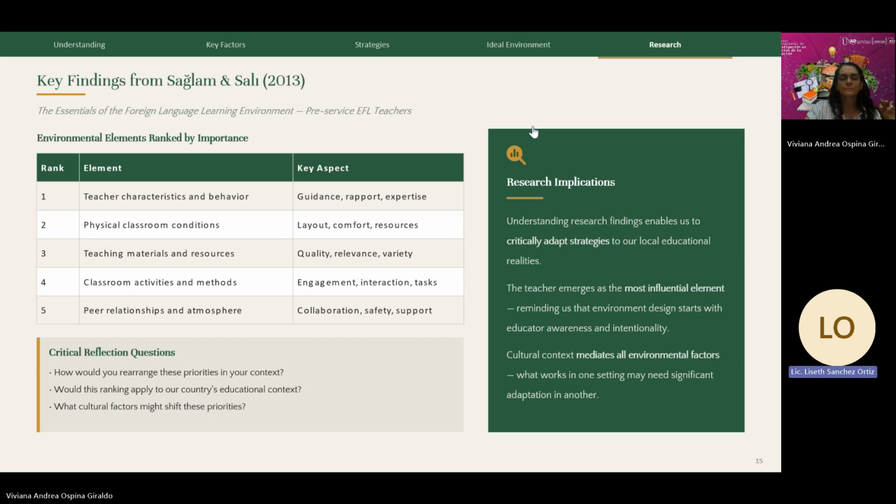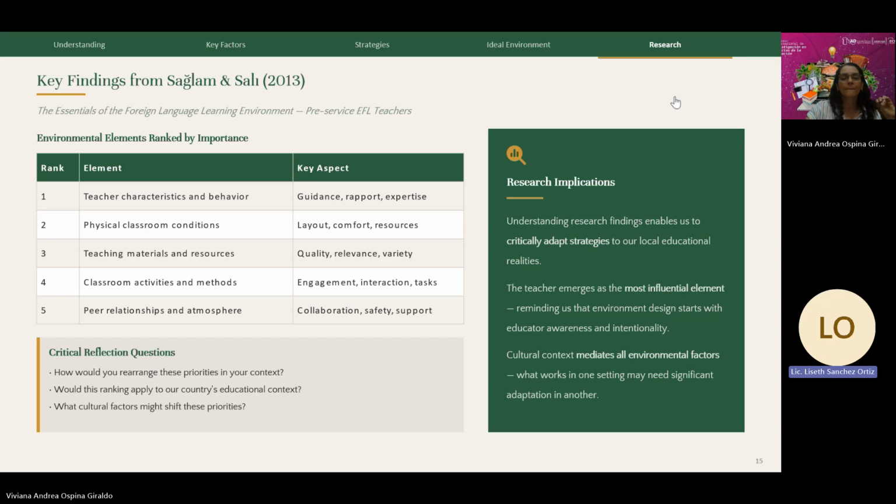In your opinion, according to the study, the author ranked the environment elements in the following order of importance: one, teacher characteristics and behavior: guidance, rapport, expertise. Two, physical classroom condition.